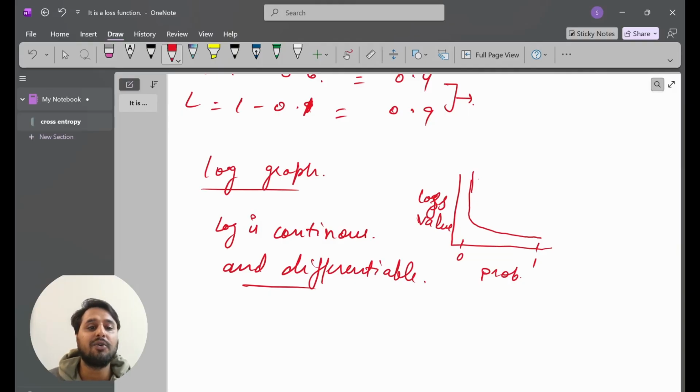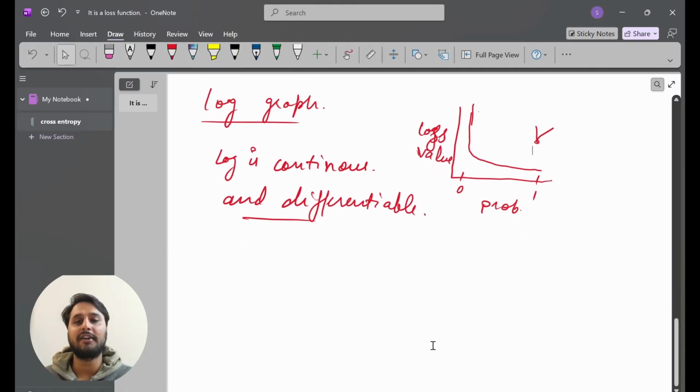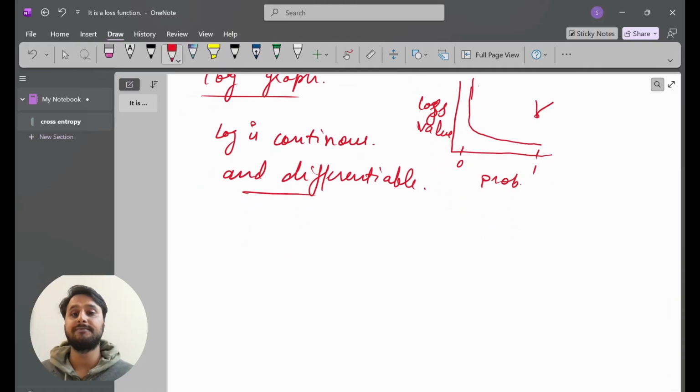So this log curve is differentiable at each point and it is continuous. There is no break in this curve. Okay, so this is the concept. That is why we use log in computing the cross entropy loss.